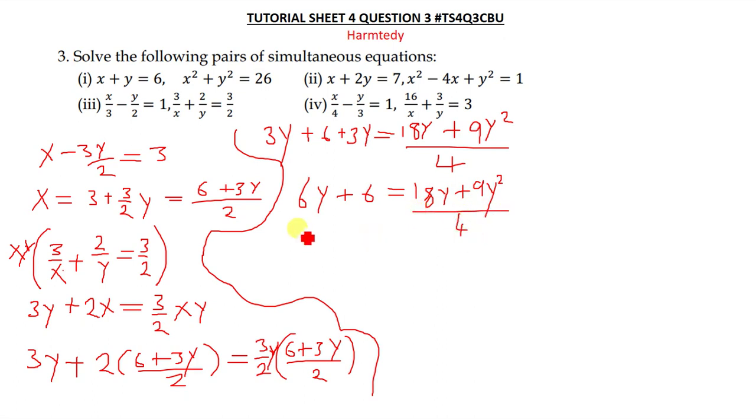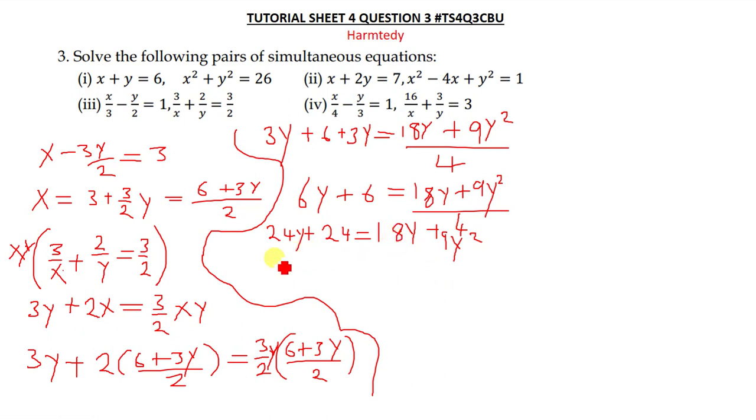So when you cross multiply 4 times 6, we get 24y plus 24 being equal to 18y plus 9y squared. Okay, so from there now we can just pair the like terms.